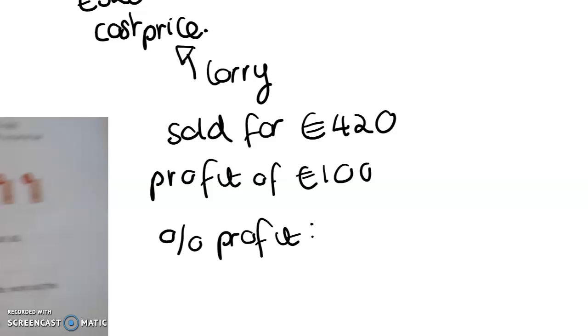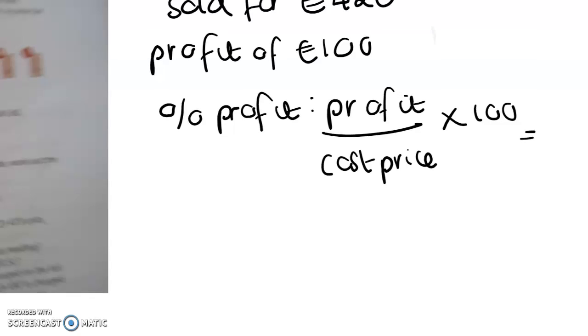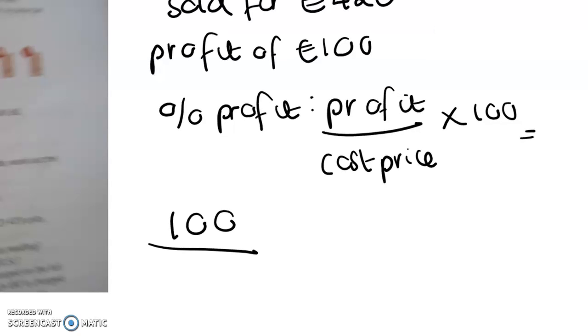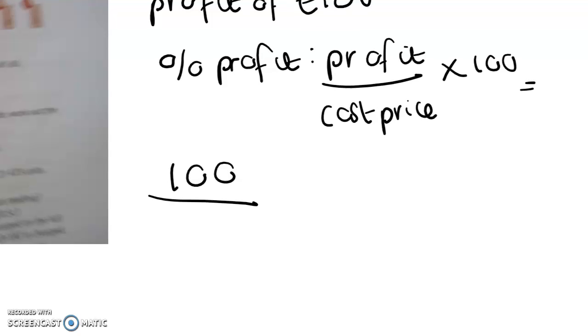The percentage profit, the formula is profit over cost price multiplied by 100. So therefore our profit is €100. Our cost price is €320.